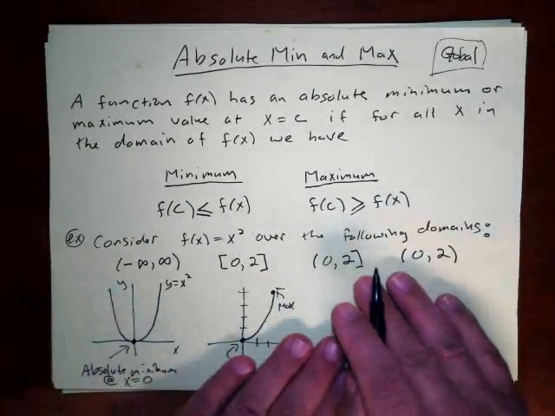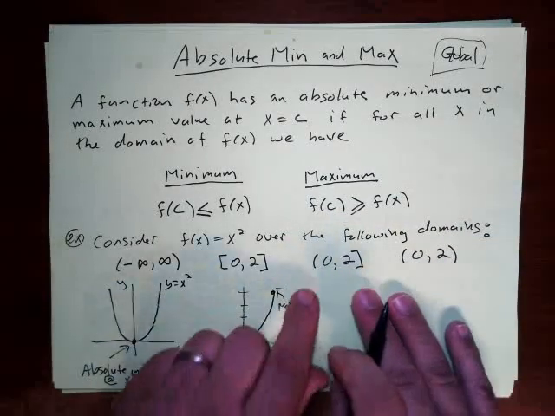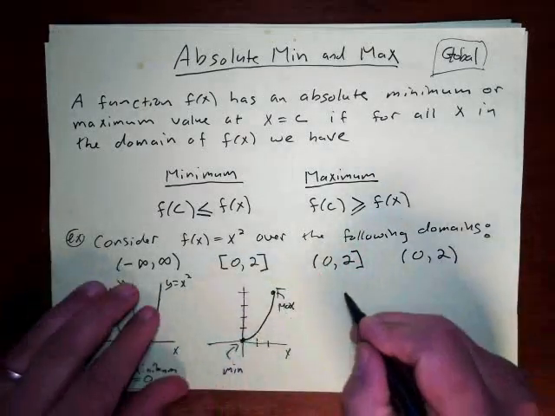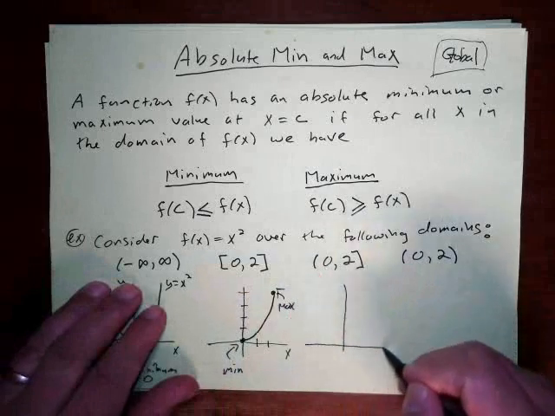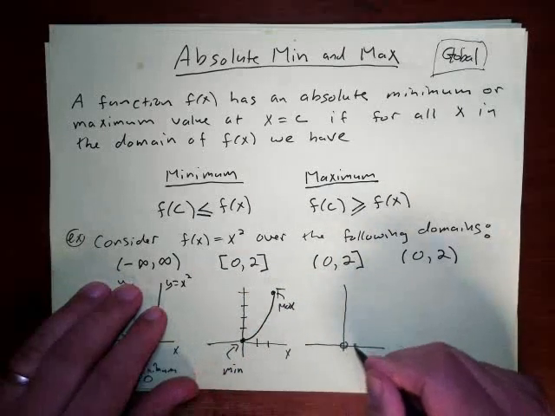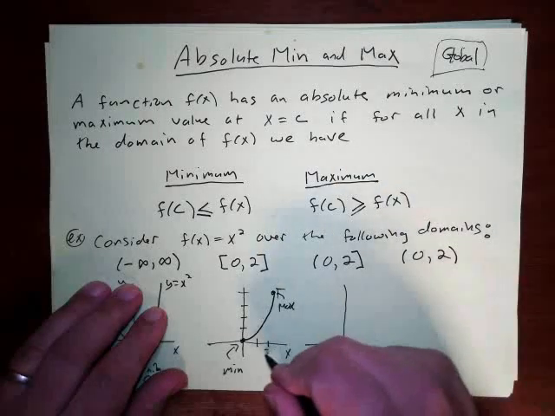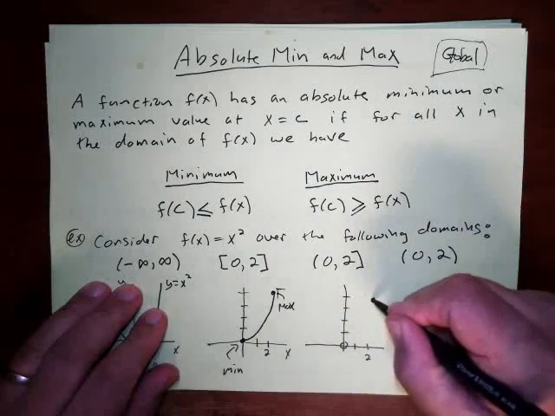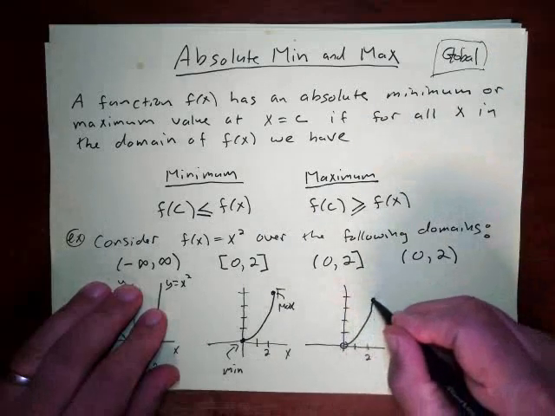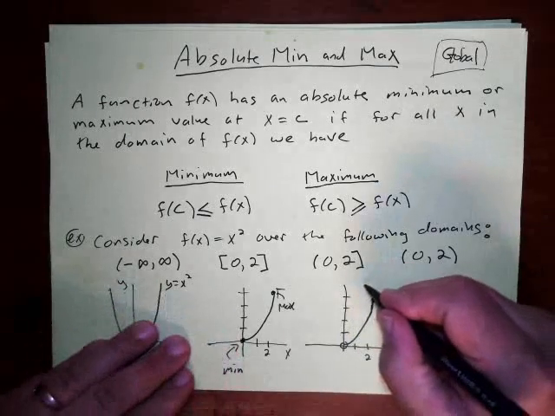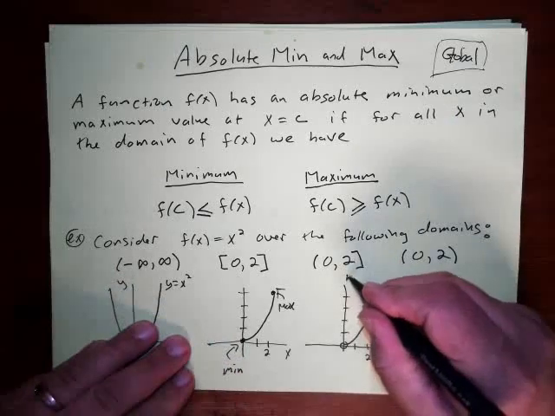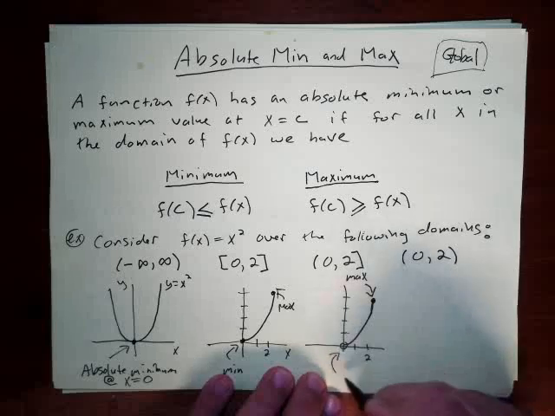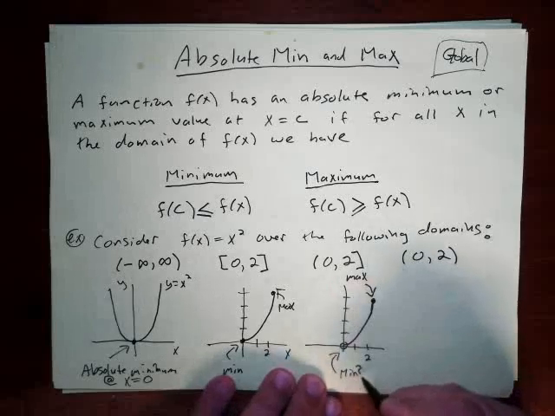Okay, so now let's look at this. So we don't have a closed interval. Okay, we're going to include the 2, but we won't include the 0. Let's see what happens. So there's an open circle here, 1, 2, and 2, and a closed circle here, and then this thing will go up like this, and then you can see that this, again, will be a max in this case over the entire function, but here, is that a min?